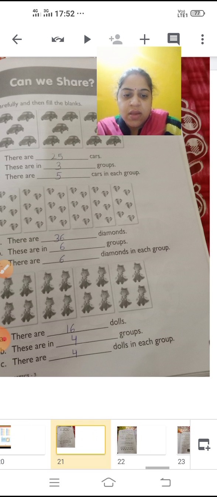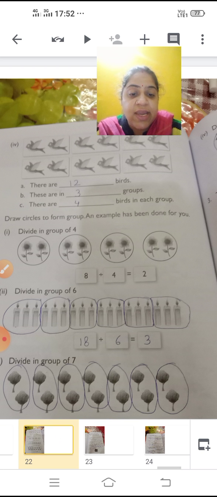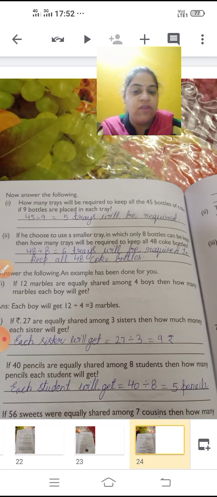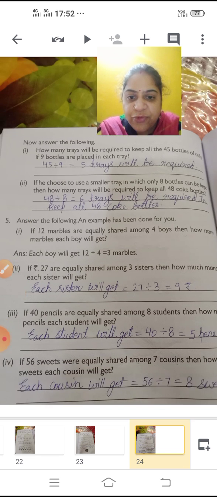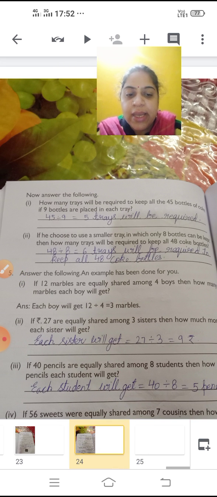Understood? These 5 questions you will do in your book very properly, very neatly, with each and every step clear to you. Till here you have to do in your workbook only.